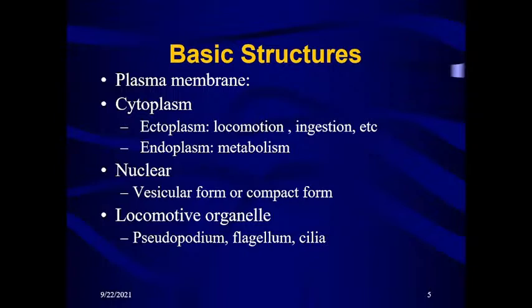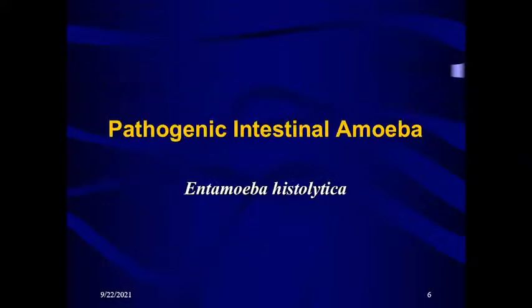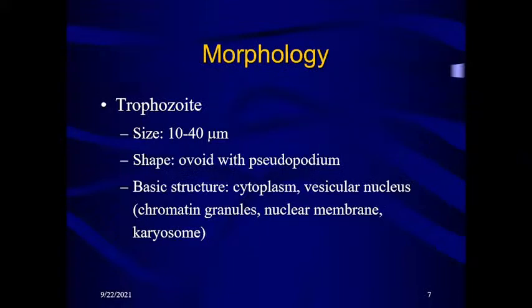Locomotive organelle. Please mute your devices. Locomotive organelle, we know we have the pseudopodium, the flagellum, and cilia. The most important pathogenic intestinal amoeba is the Entamoeba histolytic. The trophozoite is the infectious type. They're usually 10 to 40 micrometers in diameter. The shape is ovoid with pseudopodium.